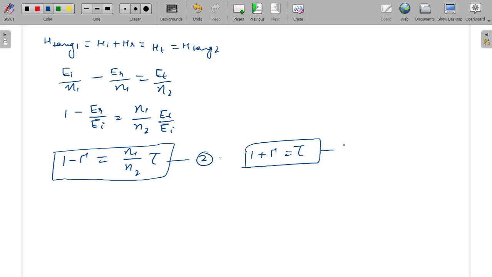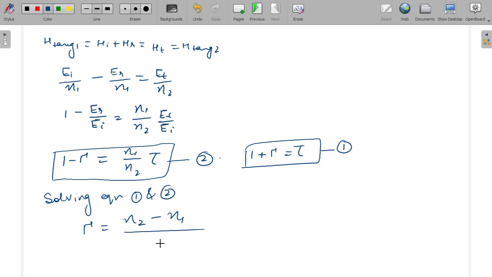When you solve these two equations, solving equation 1 and 2, we get reflection coefficient tau equal to intrinsic impedance of medium 2 minus intrinsic impedance of medium 1 divided by intrinsic impedance of medium 2 plus intrinsic impedance of medium 1.